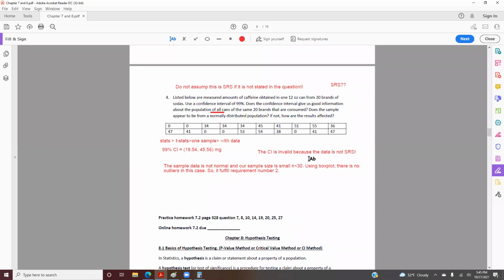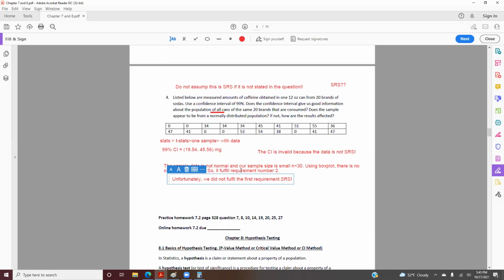So I drew a box plot and found out that there are no outliers in this case. So actually the requirements that we have for the second requirement, we fulfill it. But unfortunately, we did not fulfill the first requirement, which is the SRS in this case.